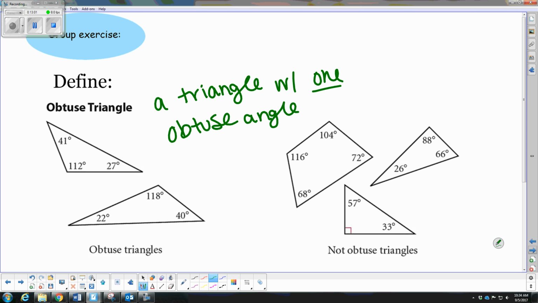Each triangle only has 180 degrees, so you won't be able to get a triangle that has more than one obtuse angle, because it then becomes some polygon larger than a triangle, 4 or more sides. So each obtuse triangle has one obtuse angle, which means one angle measuring greater than 90 degrees. Here is a quadrilateral. Here is a right triangle. And here is an acute triangle.